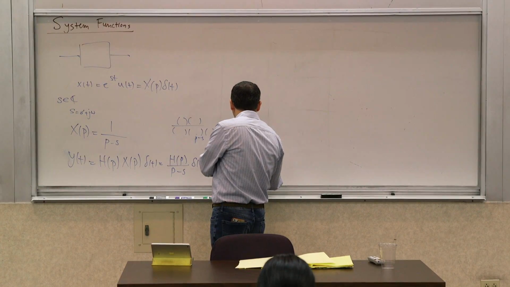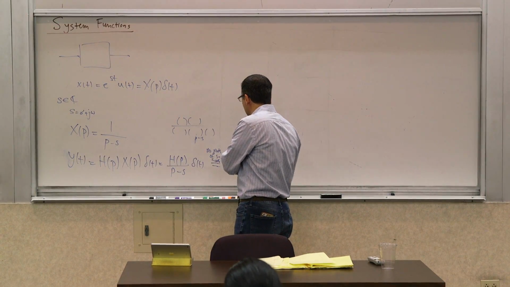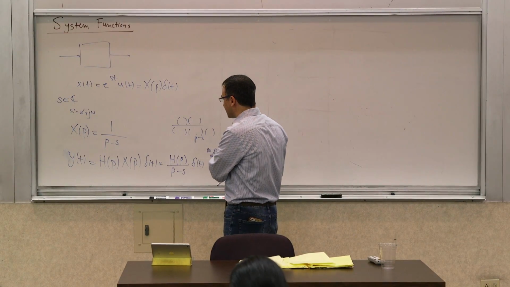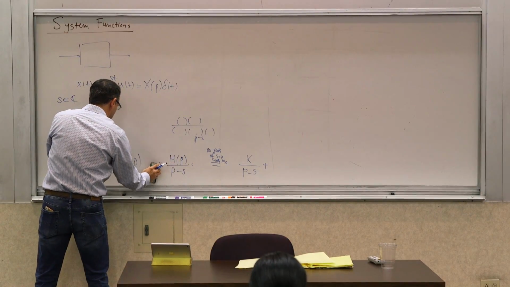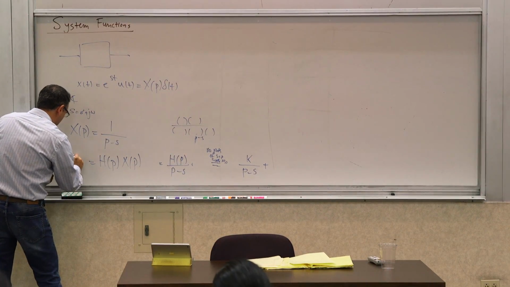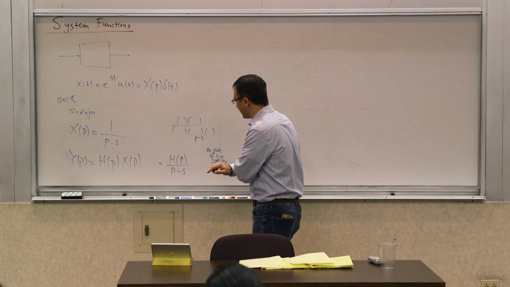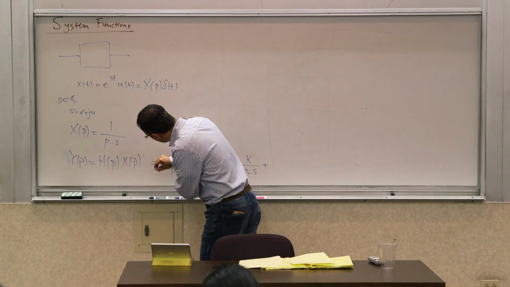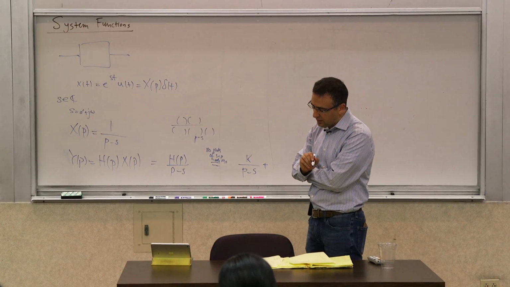Because then I would be having some K over p minus s, plus, and let's forget about the delta. Let's just get rid of this delta and this delta and make this Y of p, because that just carries around and doesn't do anything good for me right now.